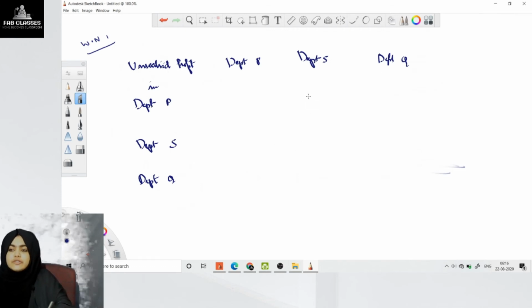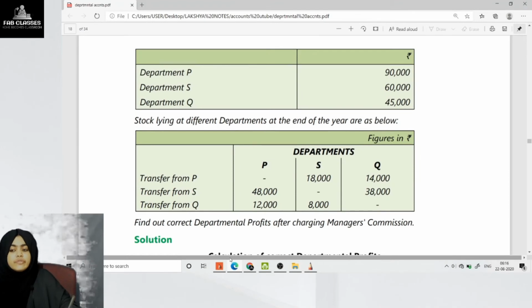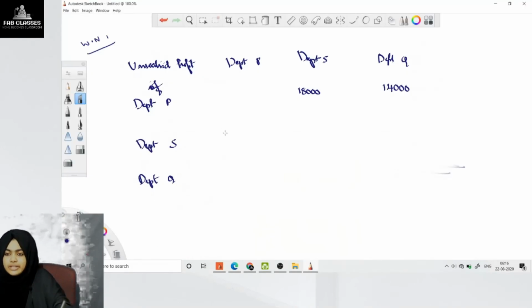So P has transferred goods to department S, for unrealized profits of department P. So unrealized profit of department P in department S and in department Q. So P has transferred goods worth 18,000 to department S and 14,000 to department Q. And department S had transferred goods worth 48,000 and 38,000 respectively, 48,000 for department P and 38,000 for department Q. So department Q has transferred 12,000 and 8,000.